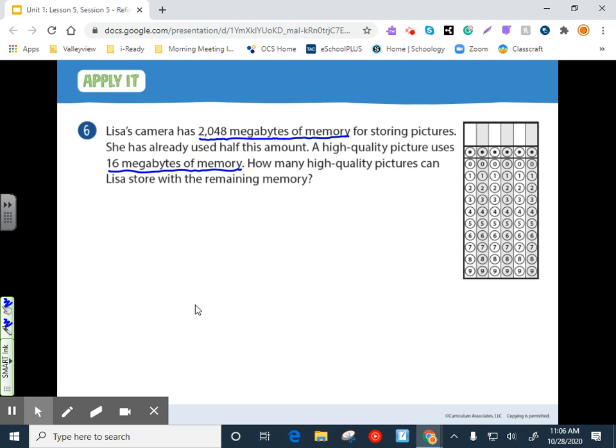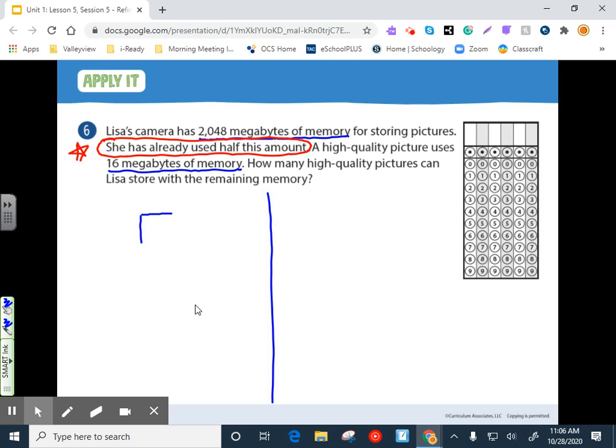But don't disregard this part. Anytime you see a sentence in a word problem that seems out of place or very specifically placed, pay special attention to that. She already used half of this memory, so split your workspace into 2 parts.